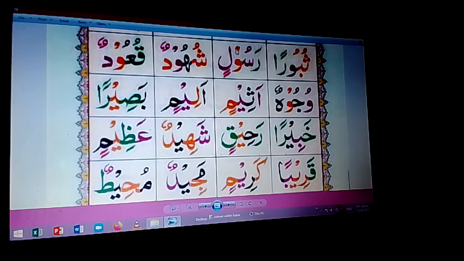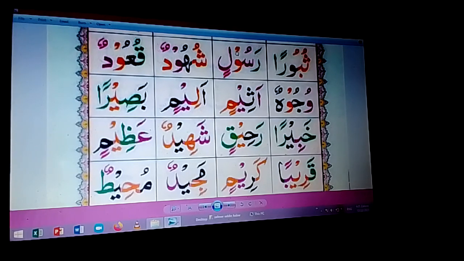Don't be confused. This is sakin sign, or you can say connecting sign, connecting of two letters. So this is not dhamma. You can clearly see here there is a difference between dhamma and silent sign or connecting sign. That's why we made it longer.